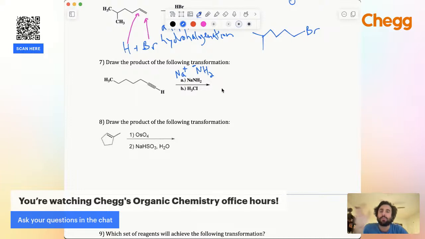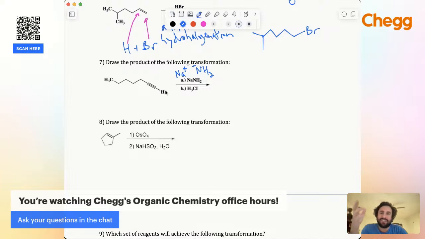So NH2 minus, what's that? Is that basic? Well, it's extremely basic. NH2 minus is so basic that its conjugate acid, NH3, ammonia, is a base. It's so basic, in fact, that it can deprotonate terminal alkynes.